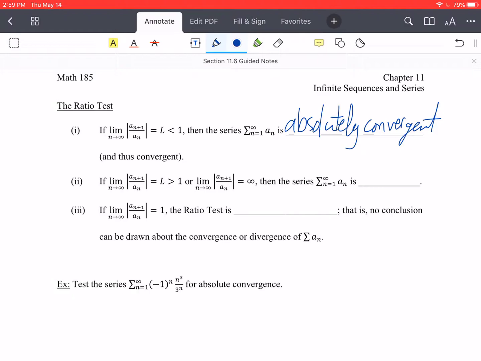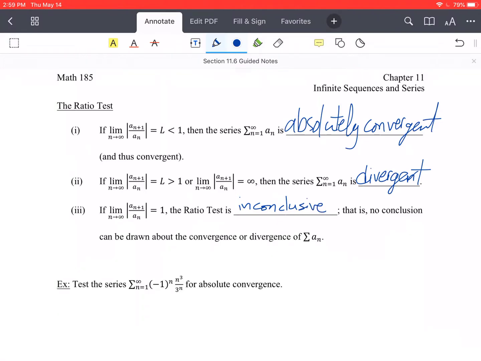Okay, and thus convergent. And if that limit value is greater than 1, or it heads towards infinity, then the series is divergent. Okay, and if the limit equals 1, then the ratio test is inconclusive.